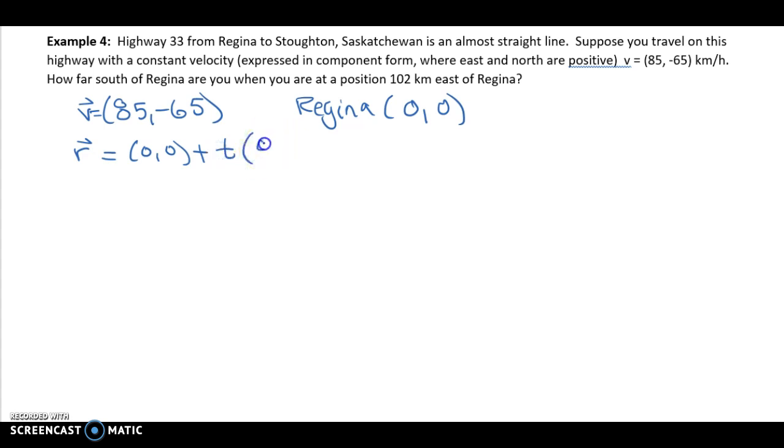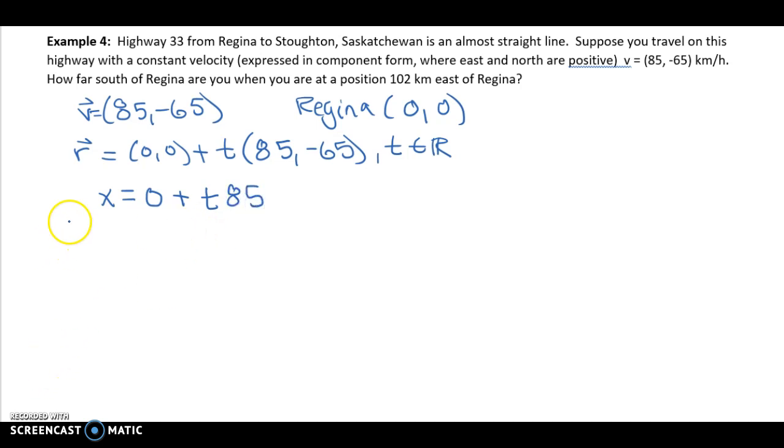So to work out a vector equation, we end up with our starting point plus a parameter of our velocity vector, which is the vector that is taking us in the direction towards Stoughton, where t is any real number. But since we're only focusing on one component of this question, we can break it up into the parametric equation that focuses on x components and y components. So x is equal to the starting point for the x, which is 0, plus the multiple that travels in the x direction.